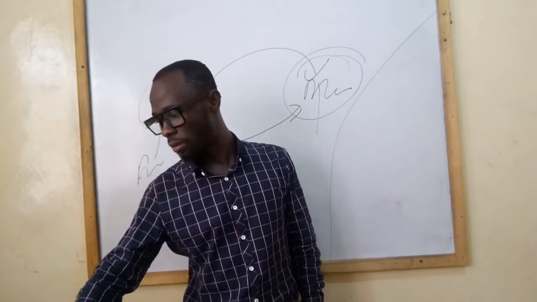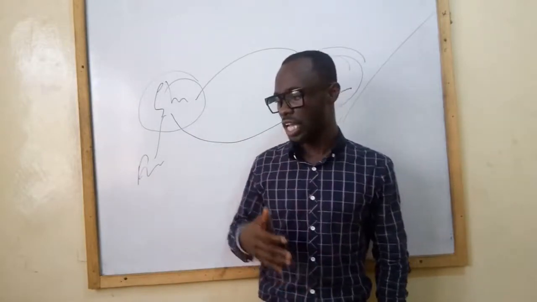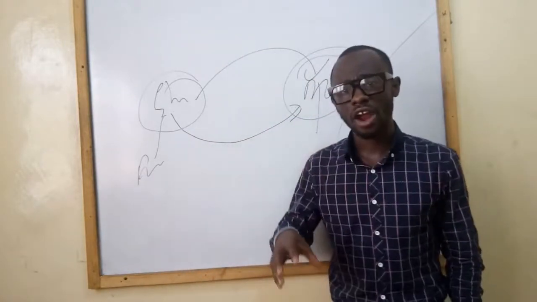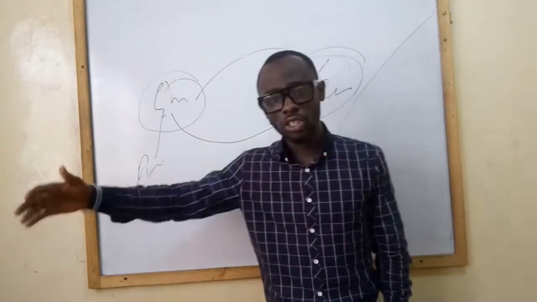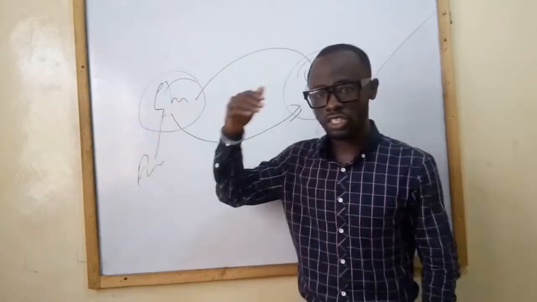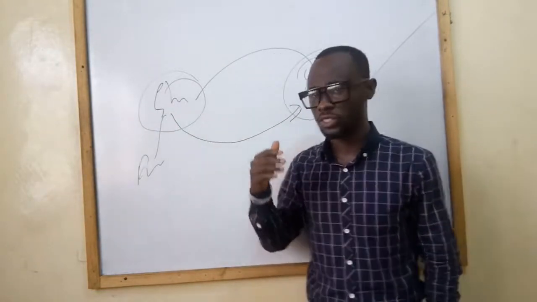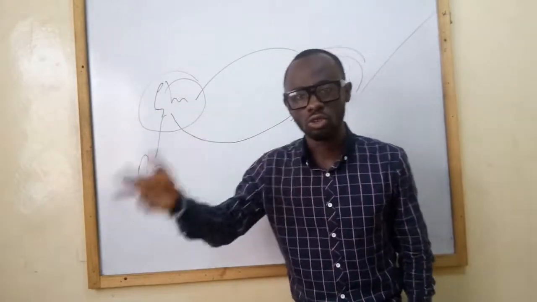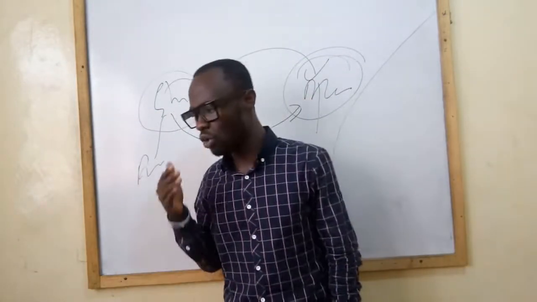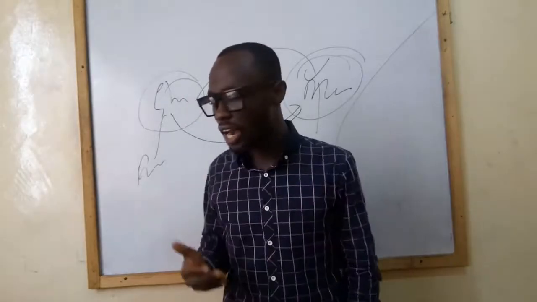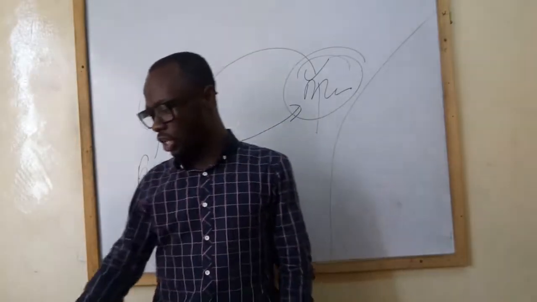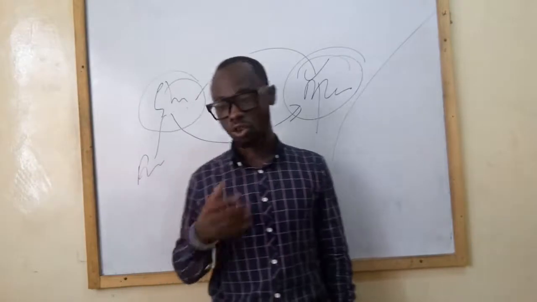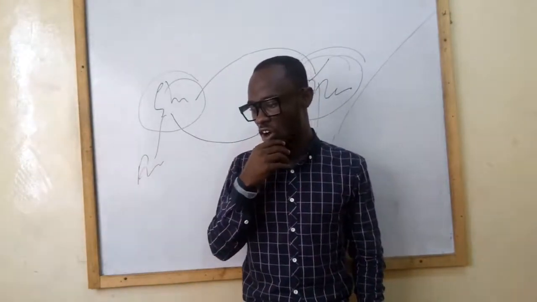Then the next one is about the role of stakeholders. That is, organizations have a duty of care to major stakeholders, not only to the owners of the business, but to the employees of the organization, to the customers, to the government, to the entire public. So the organization must look at the role of all stakeholders within the scope of operation of the organization.